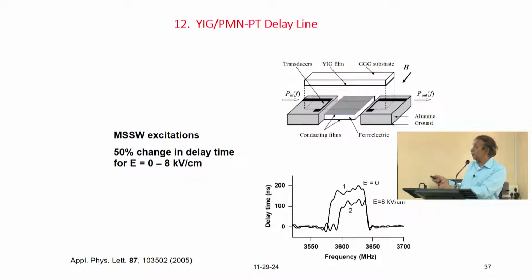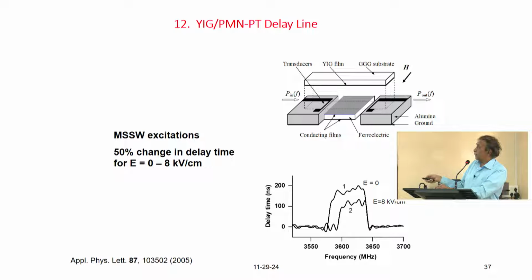The time delay over a certain frequency range. These are not ferromagnetic resonance, they are called magnetostatic surface waves. So, just take it for granted that they come in and you have the waves over a certain frequency range, and when you apply an electric field, the time it takes to propagate through the YIG film can be controlled.